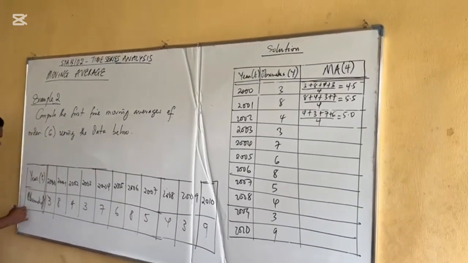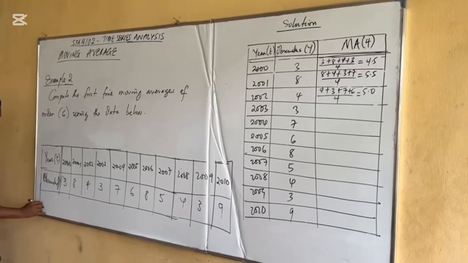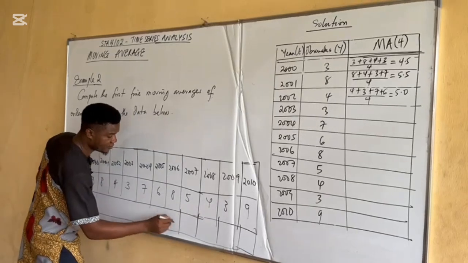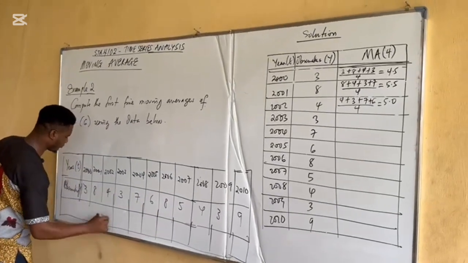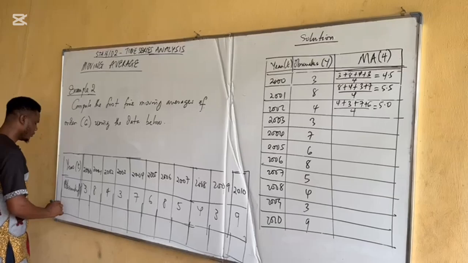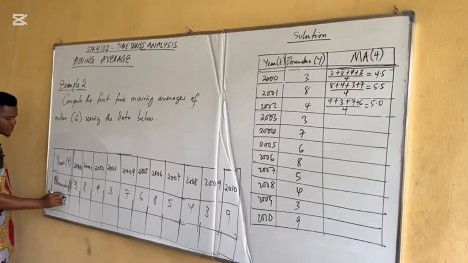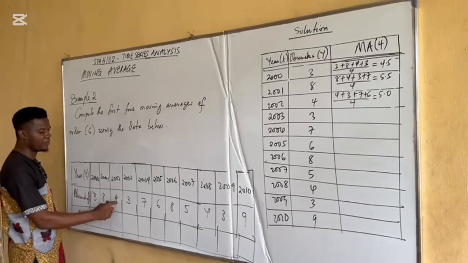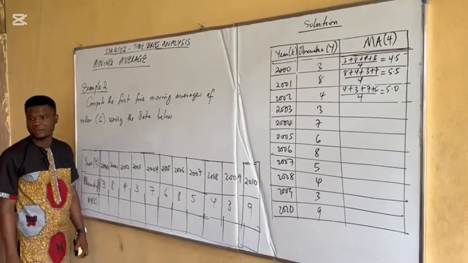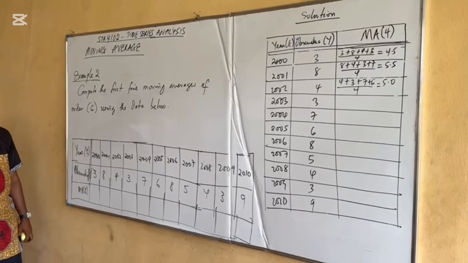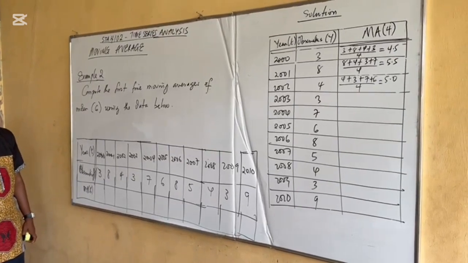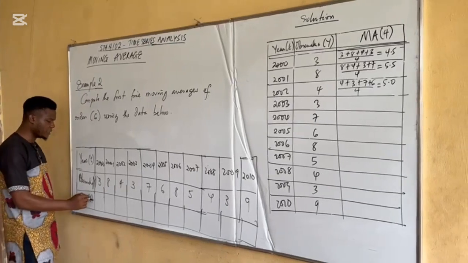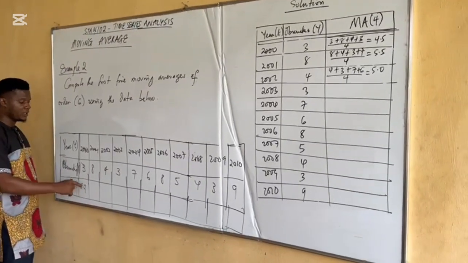If I call this my solution, and call here MA6, the first moving average will be 3 plus 6 plus 8 plus 3 plus 7 plus 6 divided by 6. What would that give you? Just call it 5.2 approximately. So 5.2. The next one will be what?